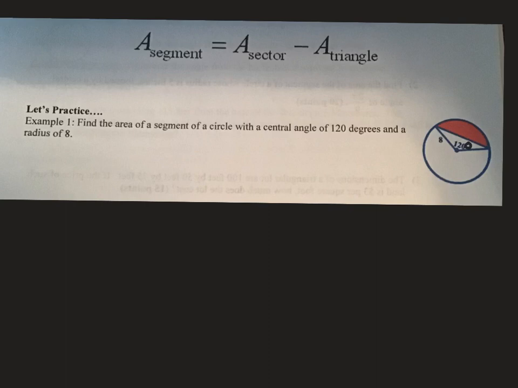So let's see. I'm going to do the sector piece first. I'm going to do the pi r squared, but in my case it's going to be pi times my radius, 8, squared. And then don't forget, in the front here, we don't have a whole circle. Pi r squared is a whole circle.